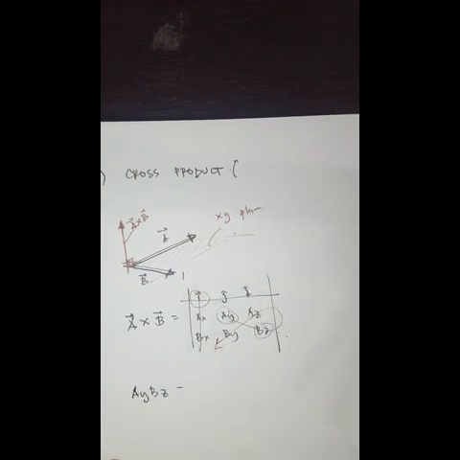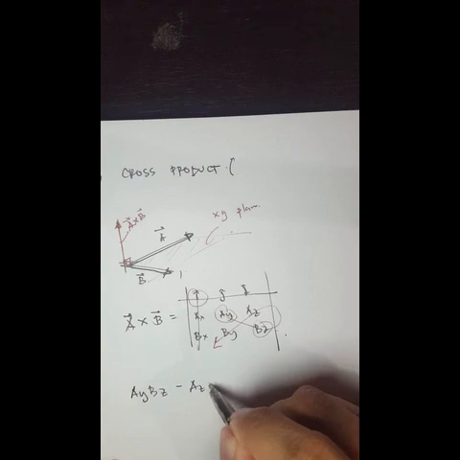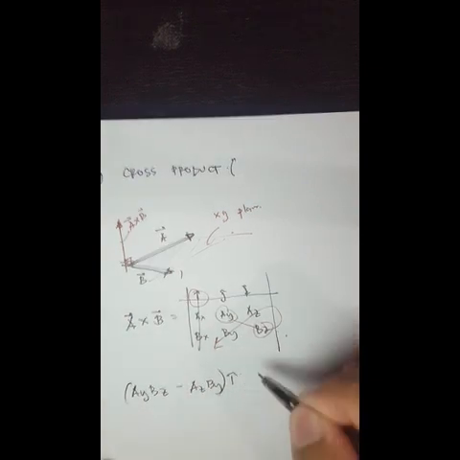So AY BZ minus AZ BY, that's along the i direction.